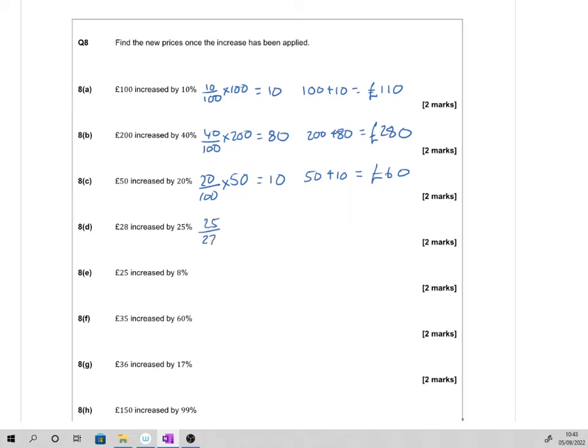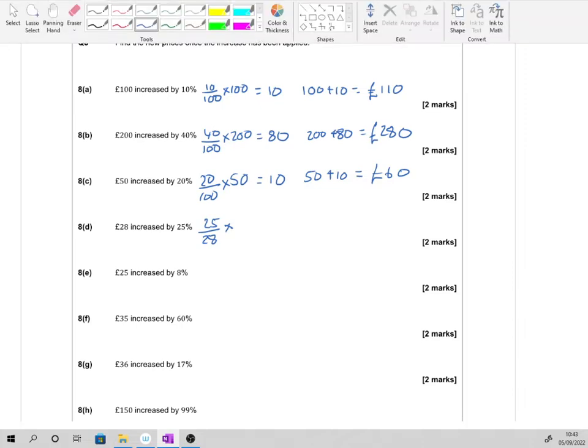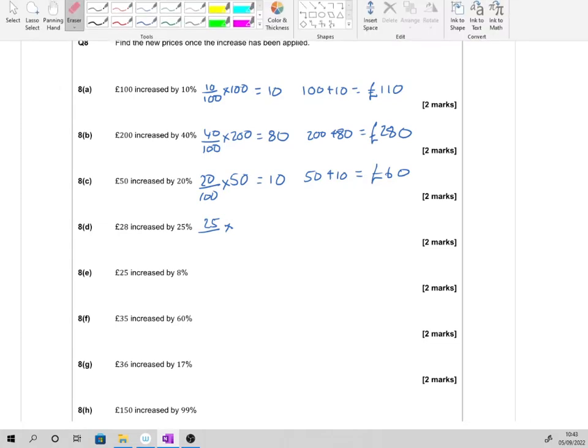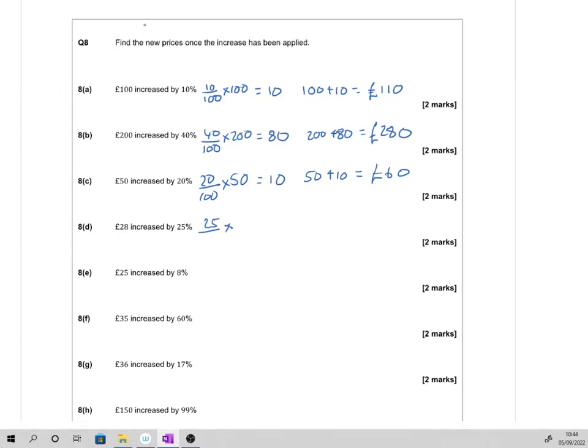25% of 28 is, my head's racing away quicker than my hand. But 25% of 28 is 7. It's a quarter of it, isn't it?